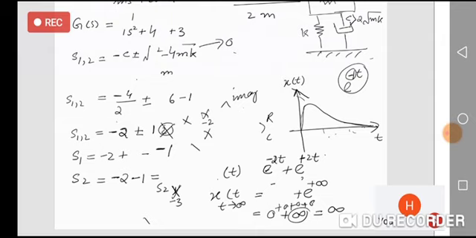Now let's assume that we increase the damper value further. Rather than using oil, we use honey as the medium in which the pendulum is oscillating.